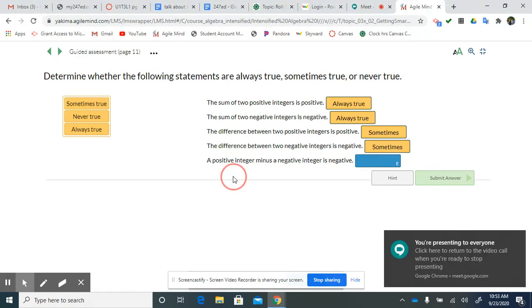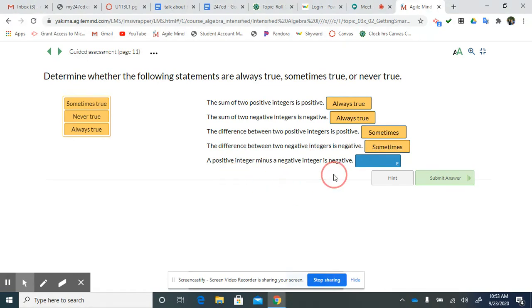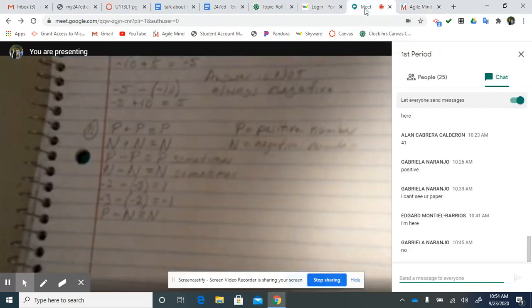A positive integer minus a negative integer is negative. So positive minus a negative. What did you say? Yes. Positive minus a negative is negative. Okay, so let's play around with this.